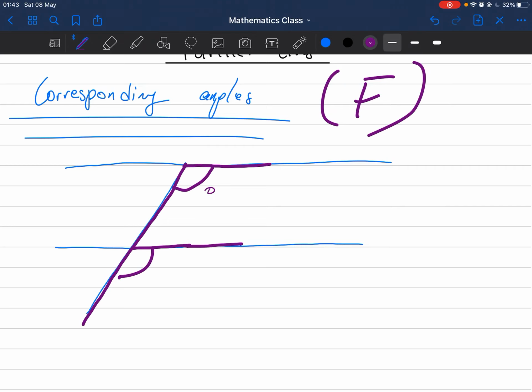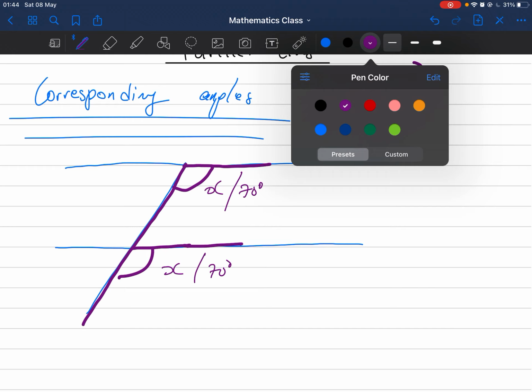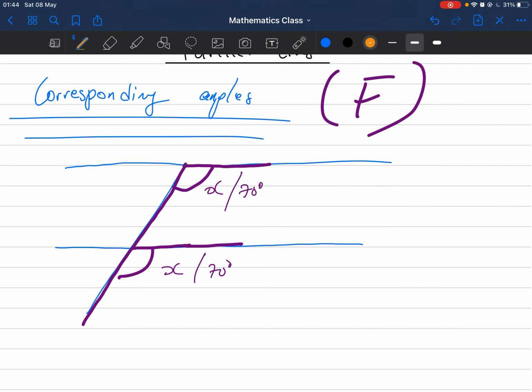So if this angle is x, therefore this angle is x. If this angle is, I don't know, 70, this angle is 70, and so on, right?